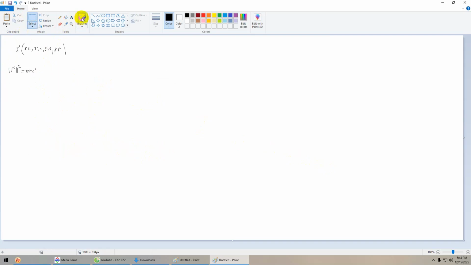Sorry, just this norm. We can write this norm as mass square times speed of light square equal to the energy. Now for the energy part, we have to be careful because we have to look back at the four-velocity vector.